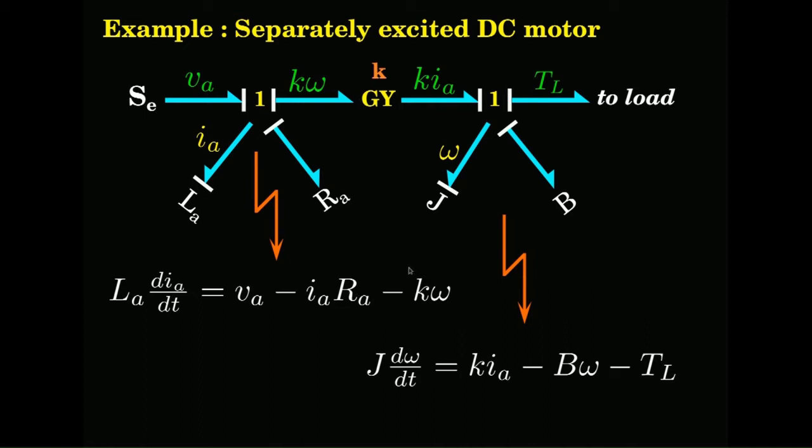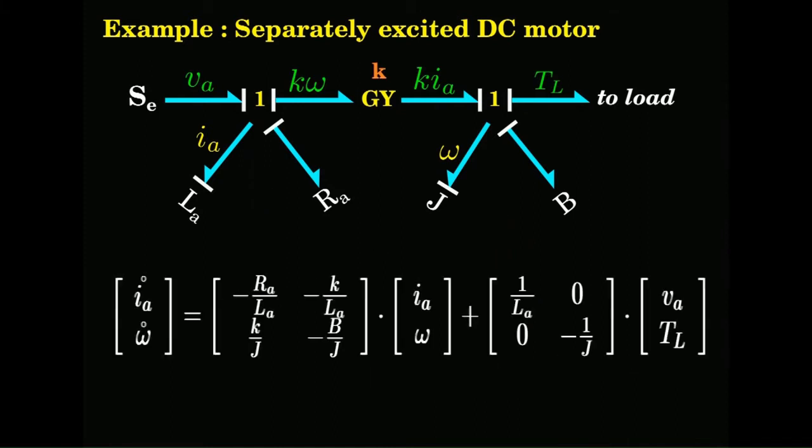So, you have these two equations, and from them you can easily put it into the form of state equation. IA and omega are the two state variables, IA dot and omega dot being d by dt.